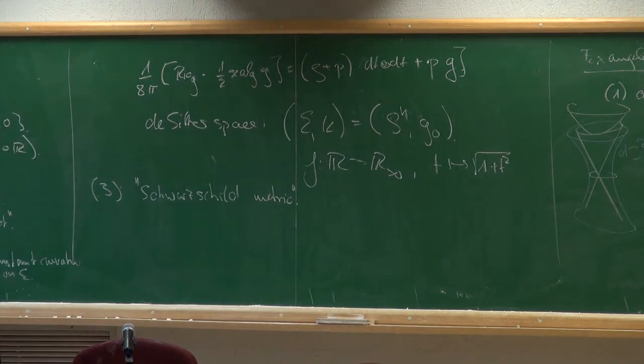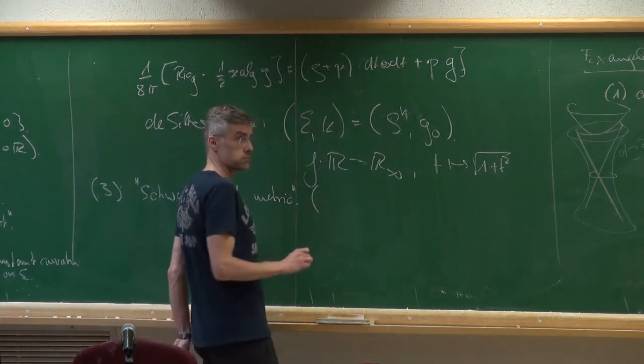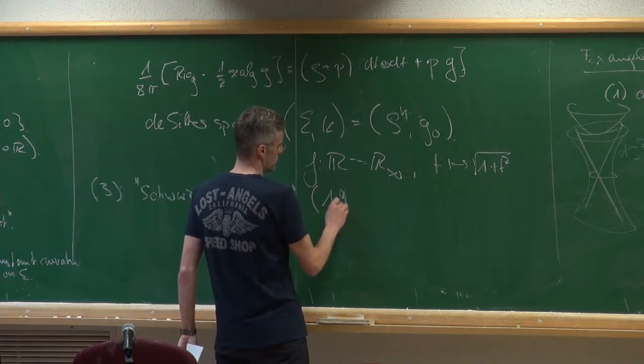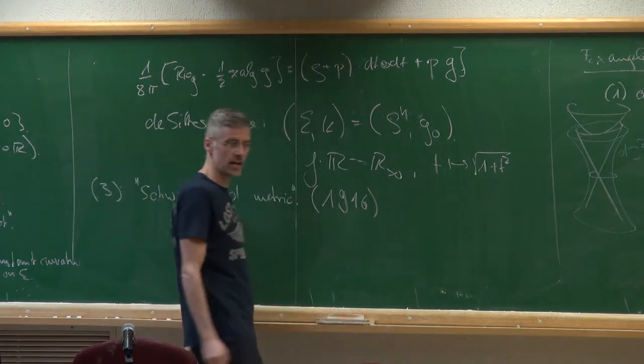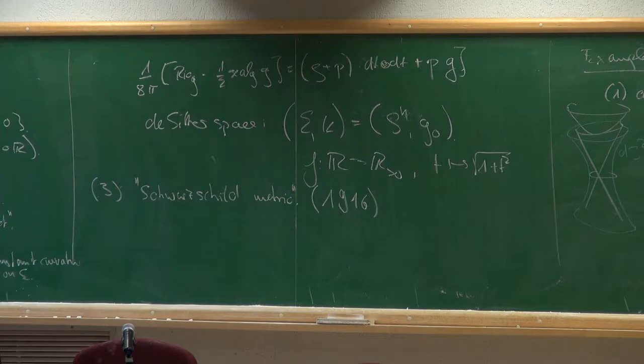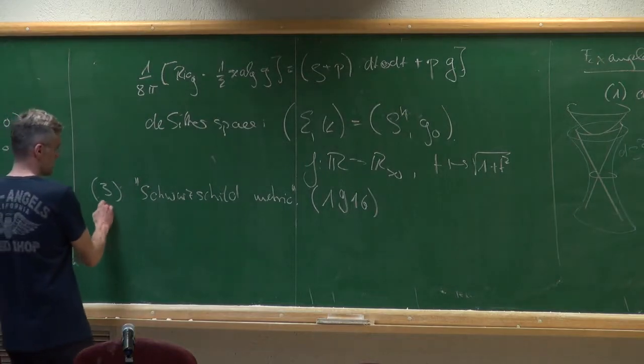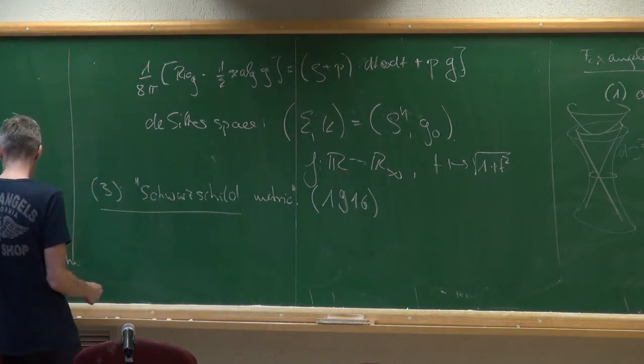And the funny thing is that I will write down the metric. Interestingly, I think Schwarzschild already wrote it down the year Einstein wrote down the Einstein field equations. So what is the formal definition before I discuss?